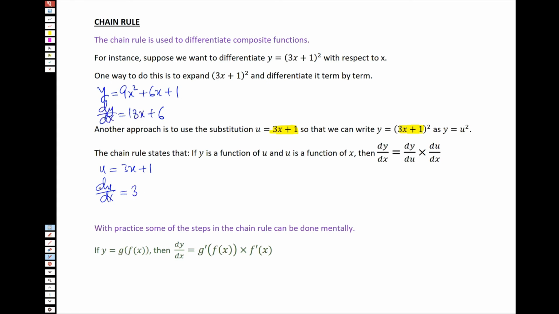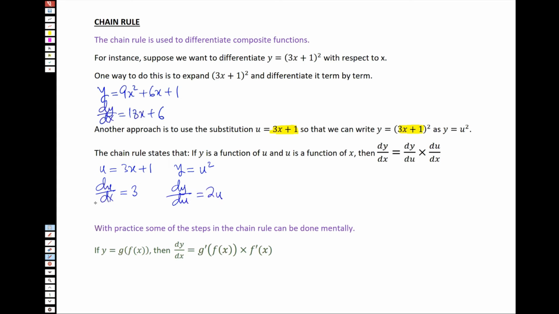And then because we've substituted 3x plus 1 with u, that means that y will be equal to u squared. And therefore, this is a function in terms of u. Basically, y is a function of u. So we can differentiate with respect to u. So dy over du will be equal to 2u.